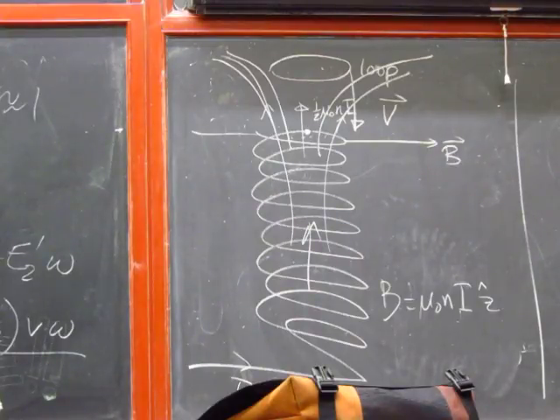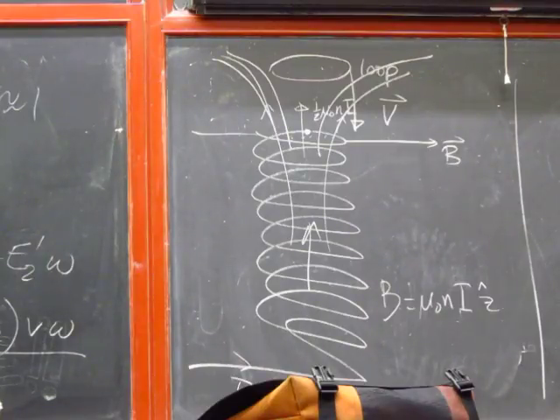So v cross B will give you a Lorentz force that way. And that's what's giving you the EMF: the integral of this F_m along the loop is the EMF.